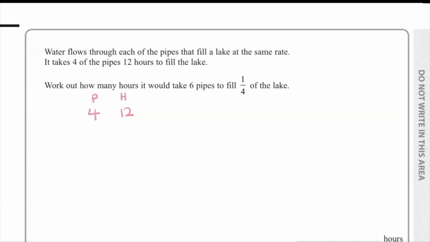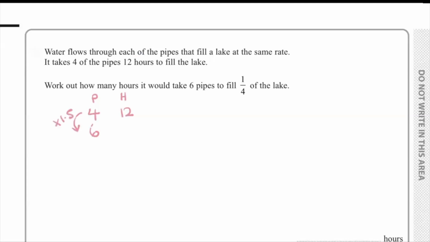Now, we're going to be told that there are 6 pipes, and we only want to fill a quarter of the lake, but we'll get to the quarter of the lake in a minute. Let's think about the 6 pipes, okay? If I've got more pipes, it's going to take less hours. So I'm going to work out, using my calculator, by doing 6 divided by 4, what I multiply 4 by to make 6, which is 1.5.